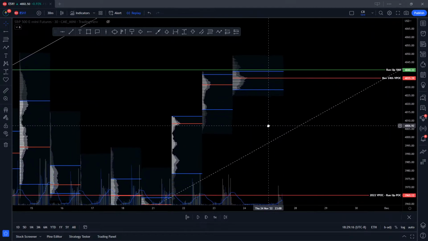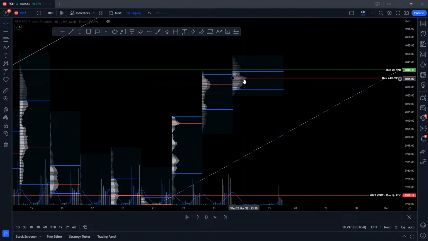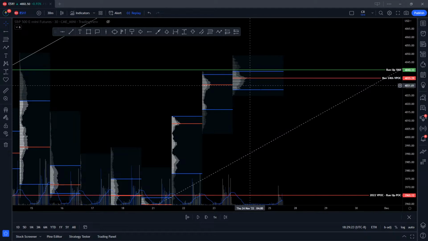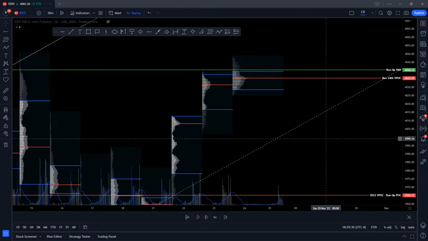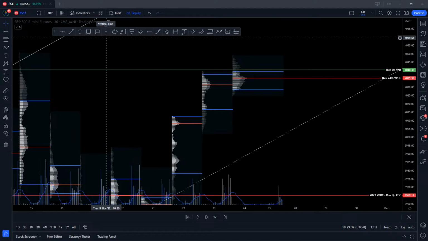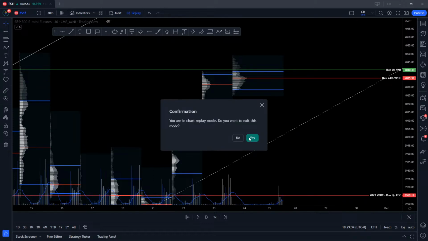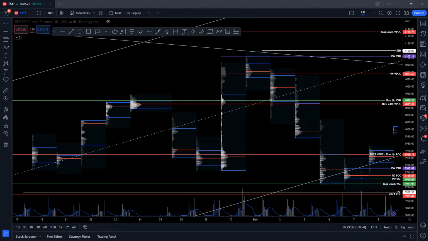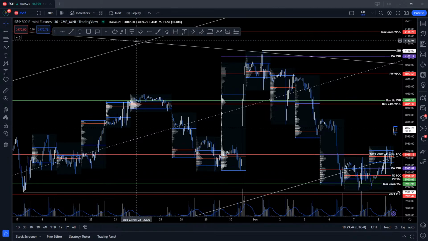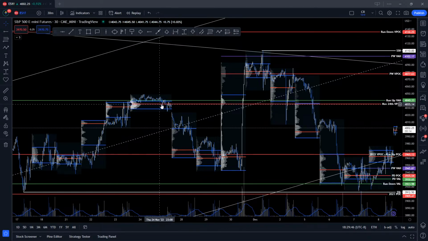The way you want to think about this is, if you're a retail trader and you were to buy up here at this price, and then the market sells off. So here, for instance, let's turn our candles back on. You bought here, and then we have this big sell off, right?